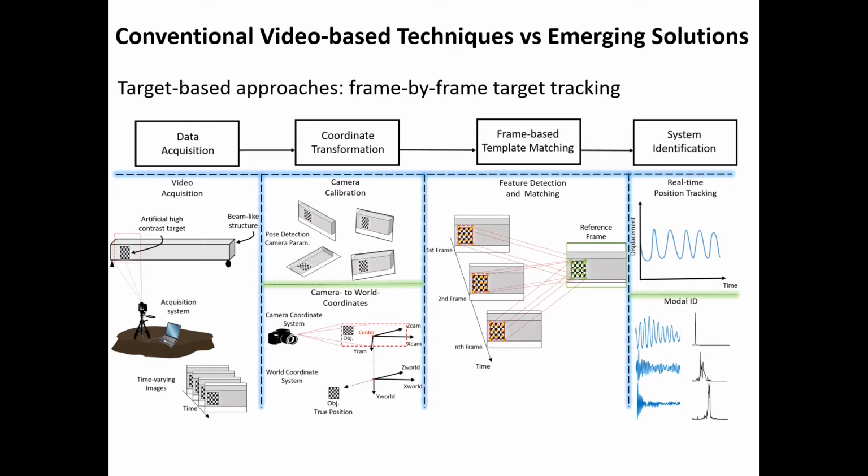Before going into the details of our video-based technique, we need to first define the differences between conventional video-based techniques for dynamic analysis and other imaging solutions in the same field. Usually, video-based techniques for SHM are based on frame-by-frame target tracking, which usually makes use of artificial high-contrast targets.